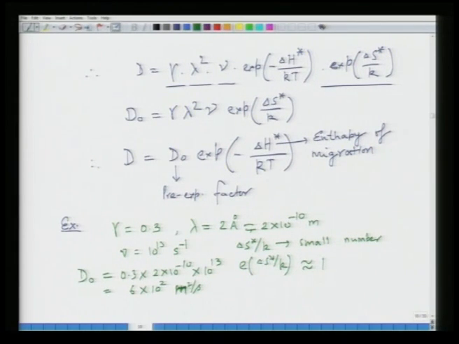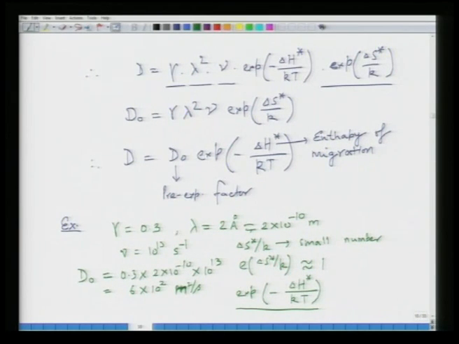Okay. Now, all it depends upon what is now the value of exponential minus delta H star divided by kT. Okay. So, typical values which are there for interstitial diffusion, where you have interstitial impurities which diffuse.